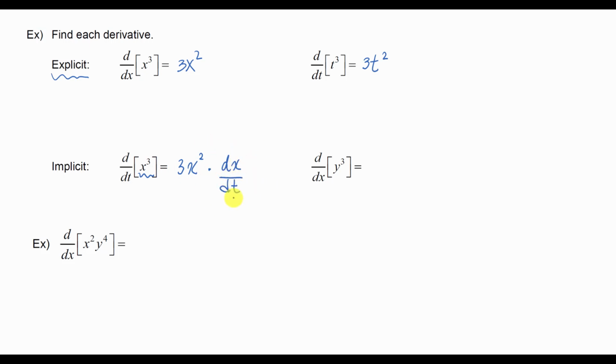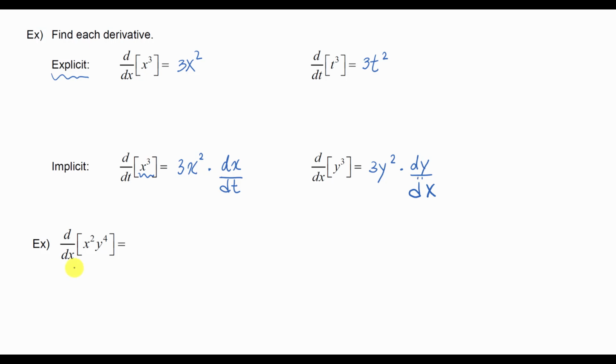That's what you multiply by, which is the x prime here. Same thing, if you are taking the derivative of y cubed with respect to x, now you're looking at y as a function. So you need to use the chain rule here. This will be 3y squared, but now I need to take the derivative of y with respect to x, which is y prime. So you need to use the chain rule here again.